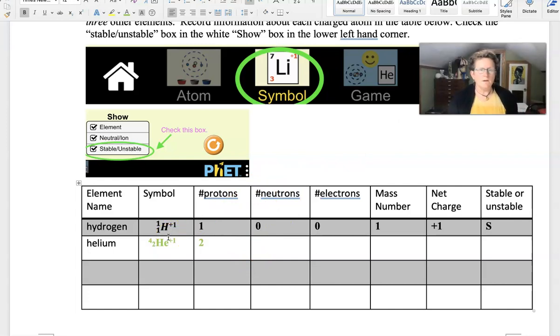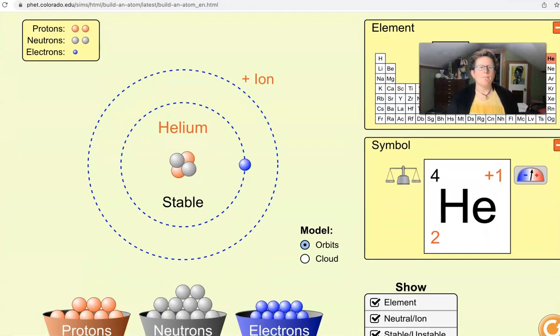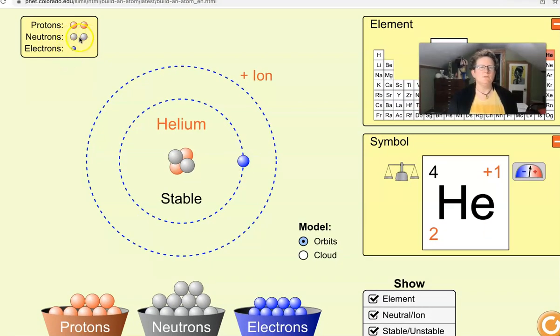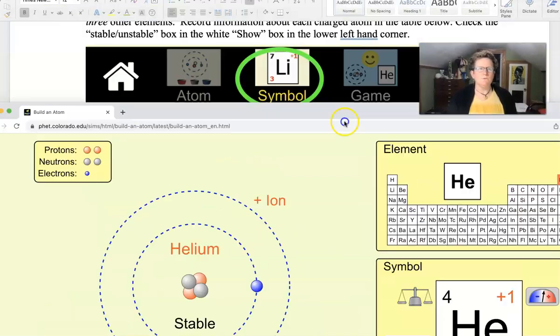We can either look on the sim and we can see that we have 2 neutrons, or the better way to do it is take the atomic mass, which is neutrons plus protons, subtract the proton number, and that gives us the net number of neutrons. So 4 minus 2 equals 2 neutrons.